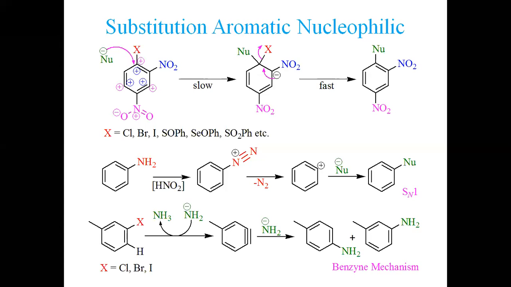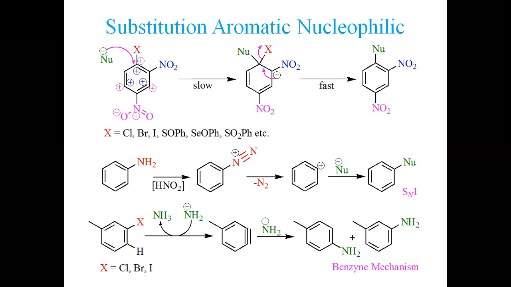Another method to change our system: for example, let's say this nitrogen is present, an amino group, which is called aniline. This nitrogen increases the electronic density on the aromatic system, so it shall react very rapidly with an electrophile. But let's see what happens when we react this aniline with nitrous acid. You are familiar with how nitrous acid is generated by the reaction of sodium nitrite, NaNO2, with HCl.